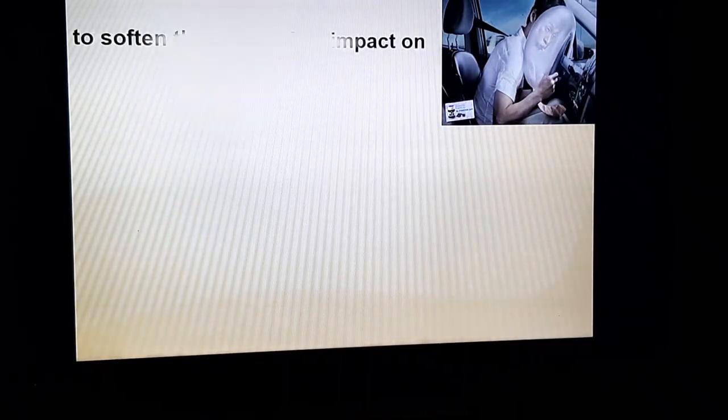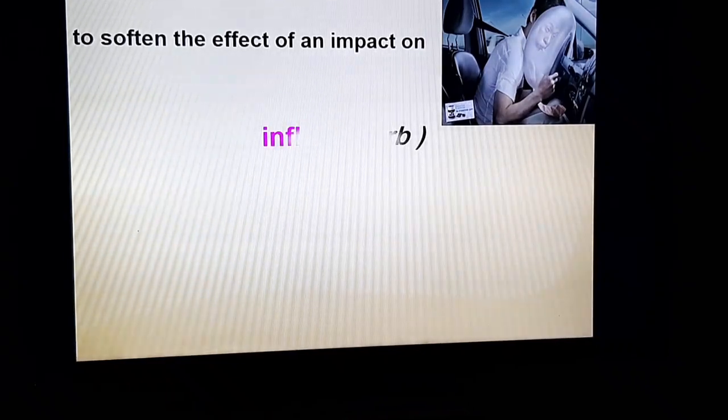Caution. The airbag cautions the crash. It saves the man. It relieves or softens the effect of the impact. Inflate, we use air to fill something.